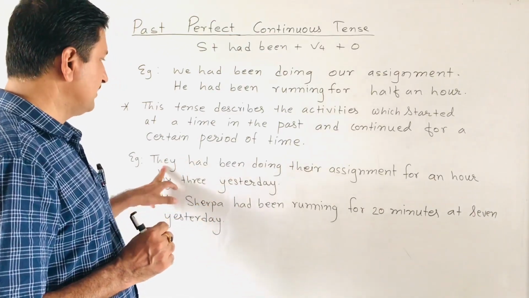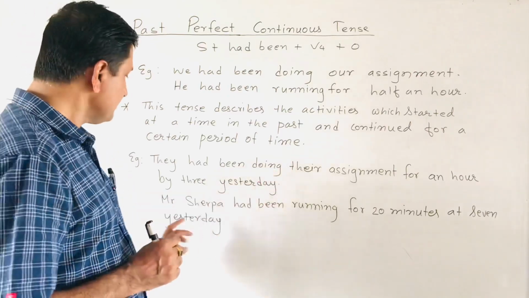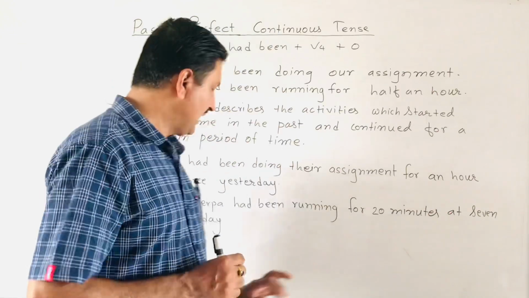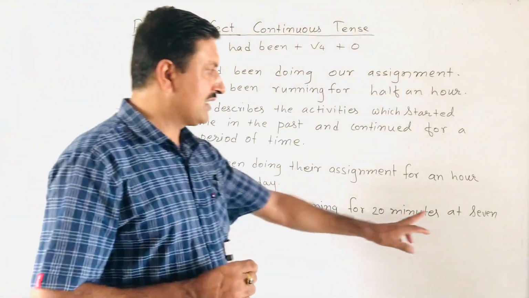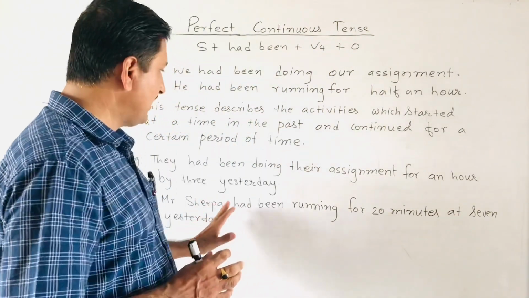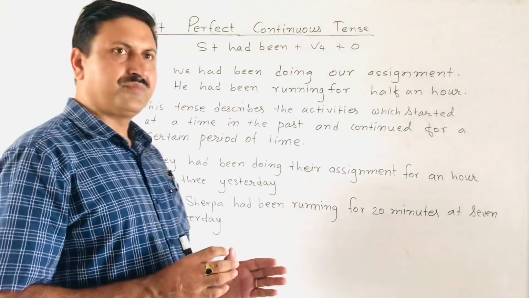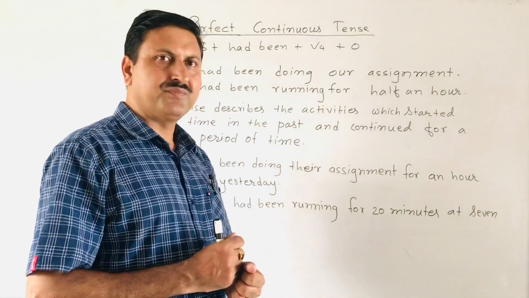So, the subject had been plus verb ing. Mr. Sherpa had been running for 20 minutes at 7 yesterday. 20 minutes at 7. That means Mr. Sherpa started running at 40 minutes past 6 o'clock.